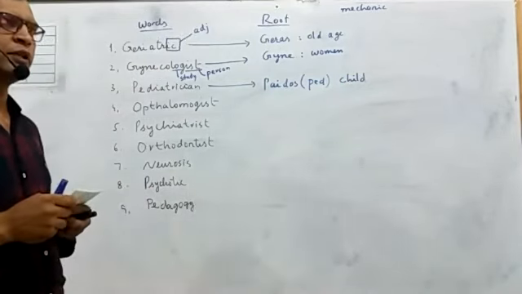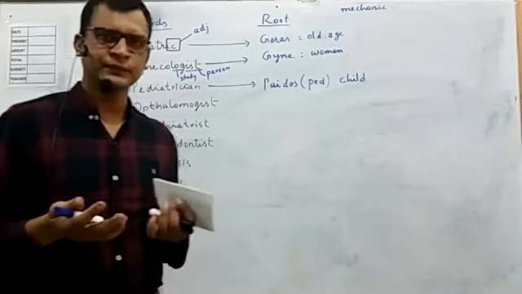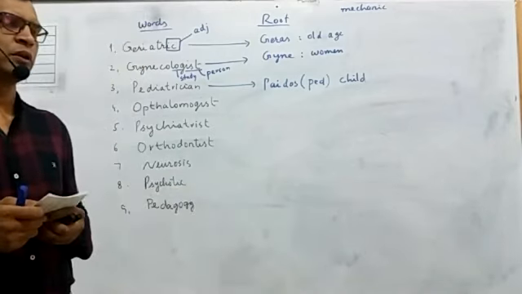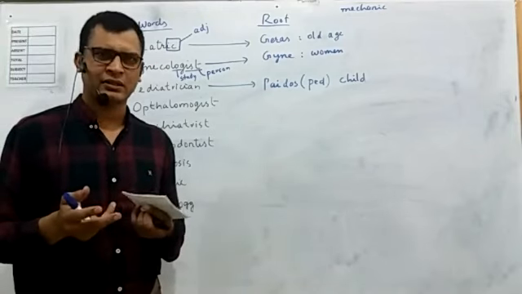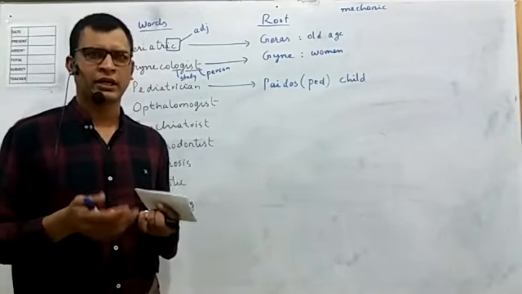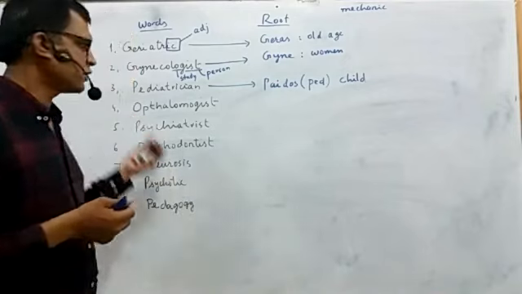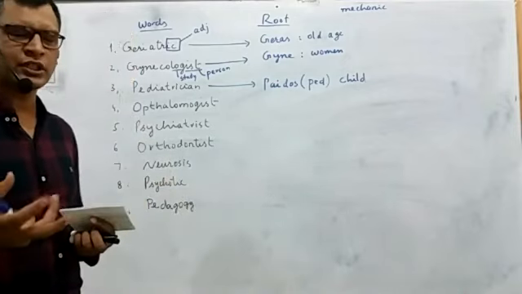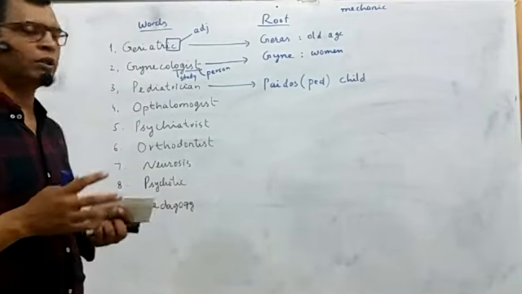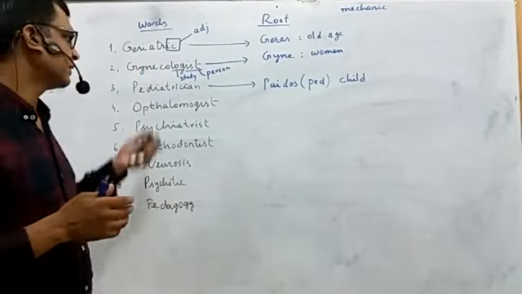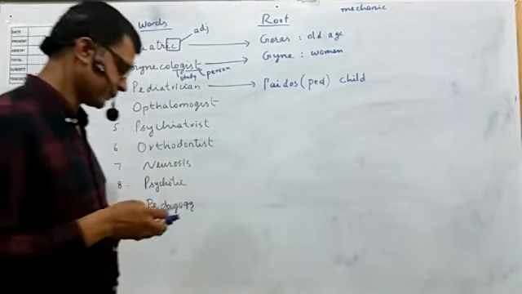Like we have nutrition is somebody who discusses which nutrients, which food is good for us. So pediatrician is a practitioner, a person who talks about all the problems that children have. That is the pediatrician.